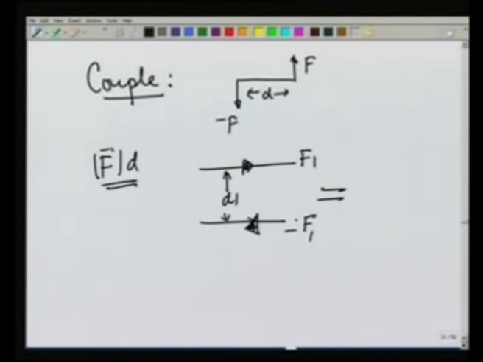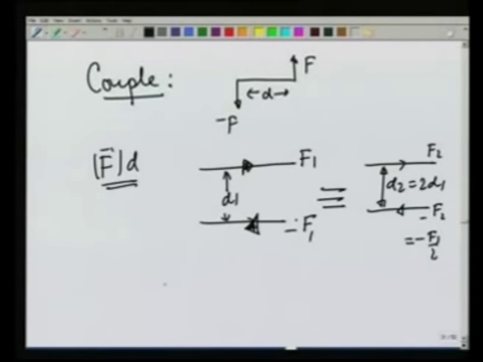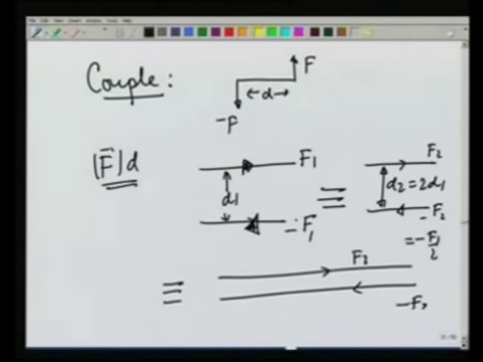This would be equivalent to a force F2, which let us say is F1 divided by 2, but the distance d2 which is twice d1, which will also be equivalent to a force F3, minus F3, let us say, which is equal to 3 times F1, but displaced from each other by a distance of d1 over 3. They all three of them represent the same couple, because the net force is 0.